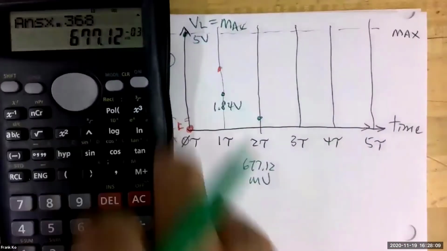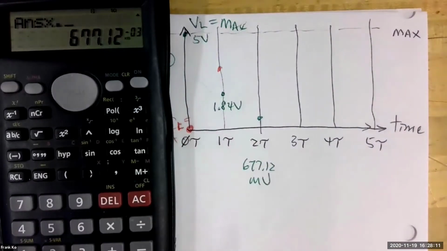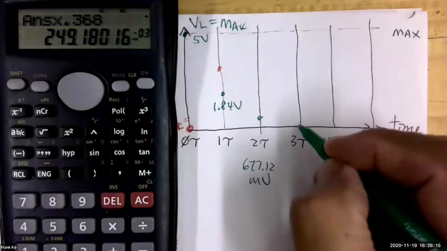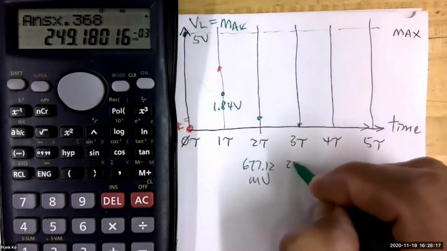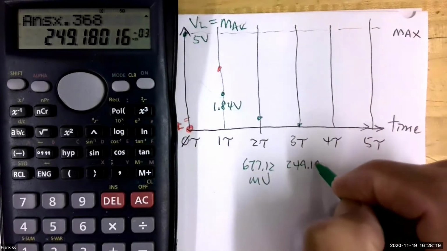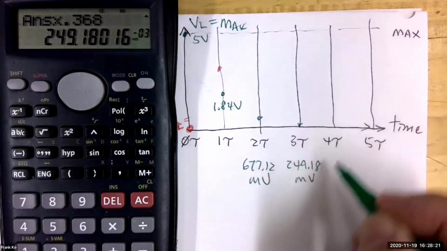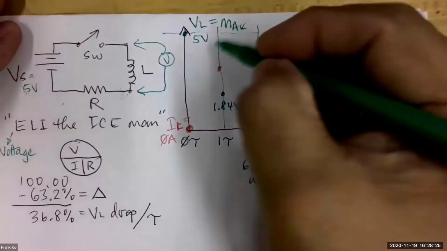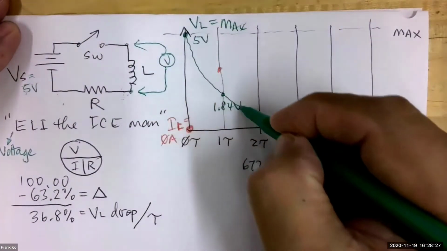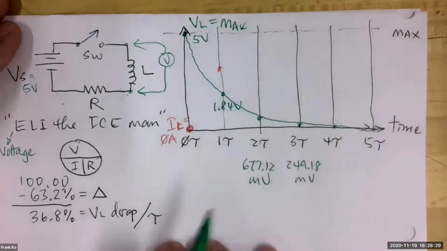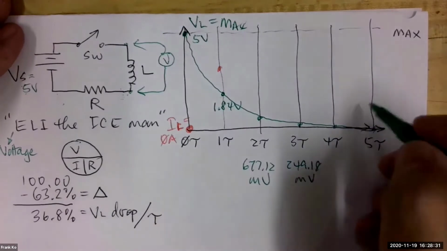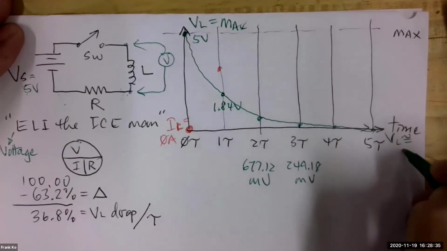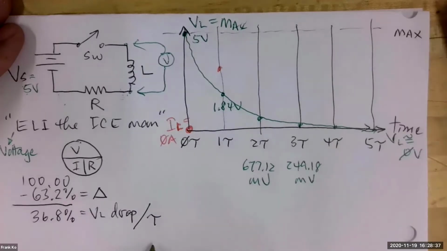And then times 0.368 again, and it'll drop down to here, 249.18 millivolts. You kind of see what's going on. It will follow this curve like so, coming down. After 5 time constants, your VL is approximately 0 volts.